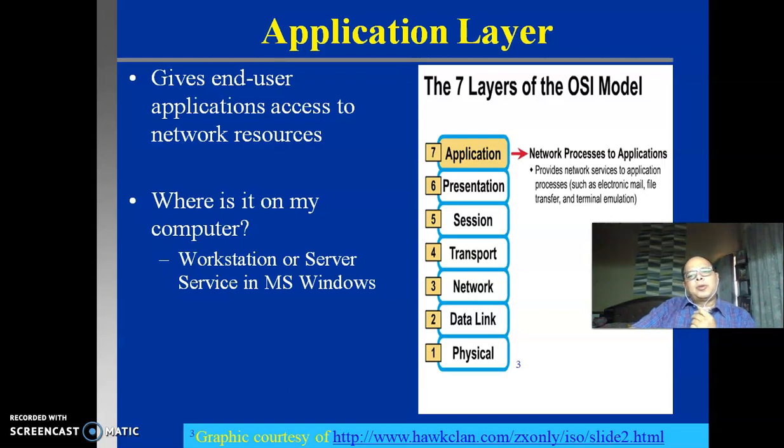Now, what are the application processes? The applications are like email is one application, or file transfer is another application, or if you emulate a terminal, it becomes another application. You will be wondering that it never happens that the email content goes to the browser, or the browsing doesn't interfere with the email application.